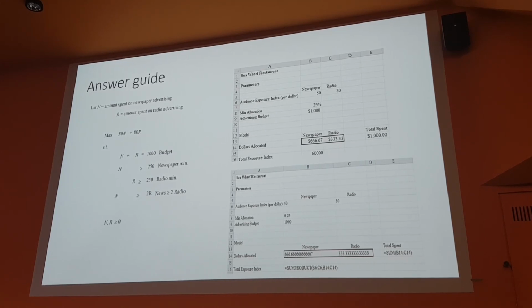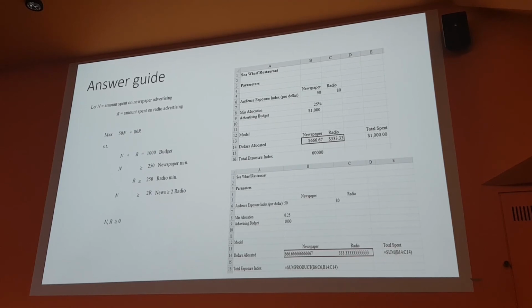You should at least spend 25% of the budget on each of them. 25% of 1,000 is 250. Therefore, N should be greater than 250, and R should also be greater than 250, because the question said you have to invest at least 25% on each.